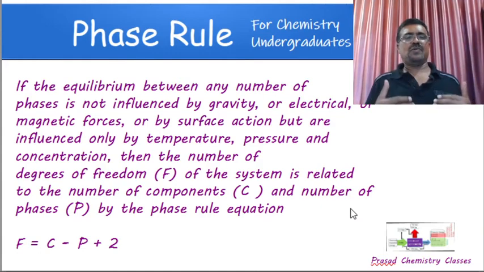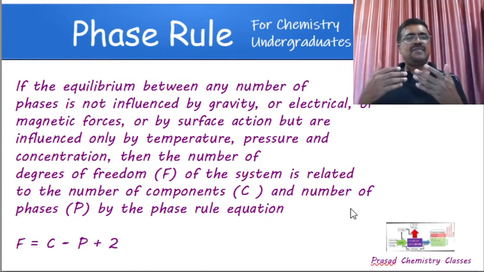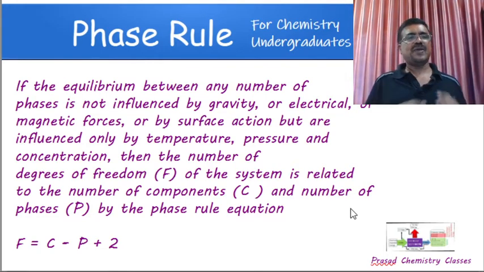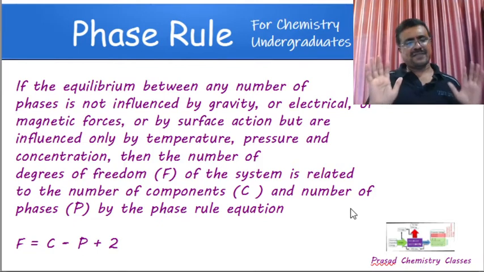Then the degree of freedom, number of components and number of phases are related by this expression, F is equal to C minus P plus 2. So certain conditions apply there.